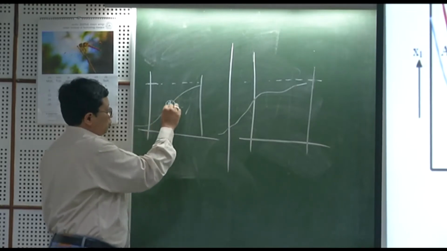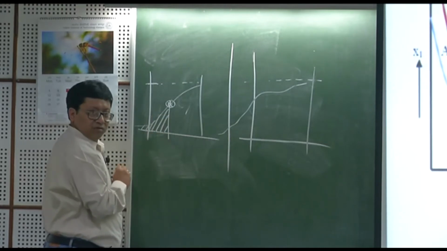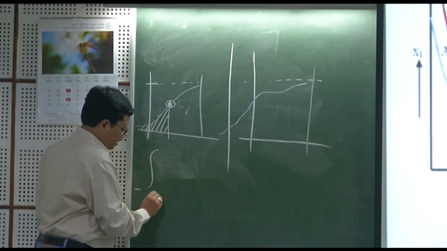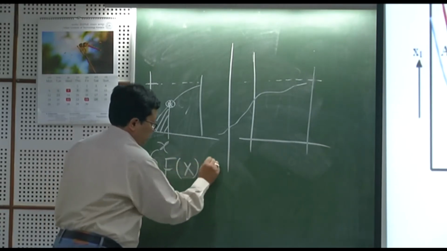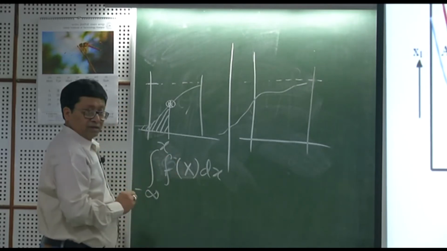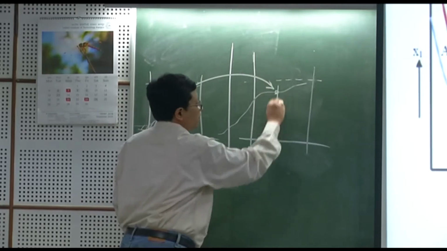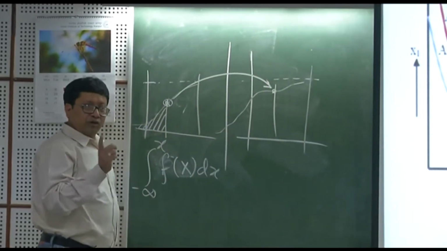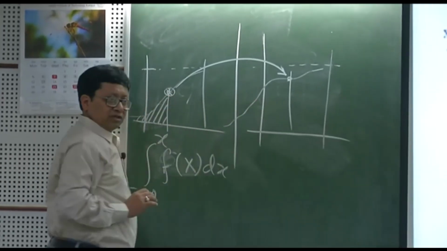Obviously the total addition of the probability, which is the CDF value, from minus infinity to x, this value of f of x dx, should be able to map onto a value of y here. So there is a one-to-one correspondence between the area which is here and the area which is there.